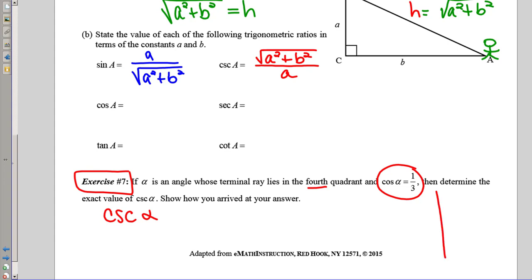So we'll pretend we're in quadrant 4. We'll make our reference triangle, and we are considering adjacent over hypotenuse. So you're going to find that missing side, and then you'll be able to find cosecant, because remember, cosecant is the reciprocal of sine, which means it's hypotenuse over opposite. So you need to know the side opposite.